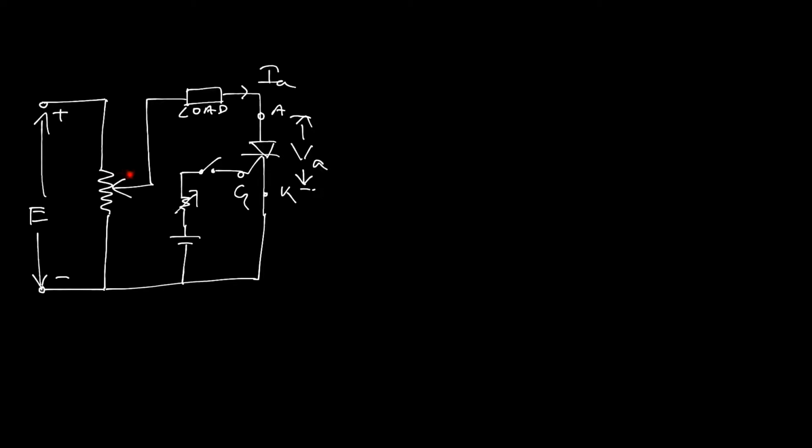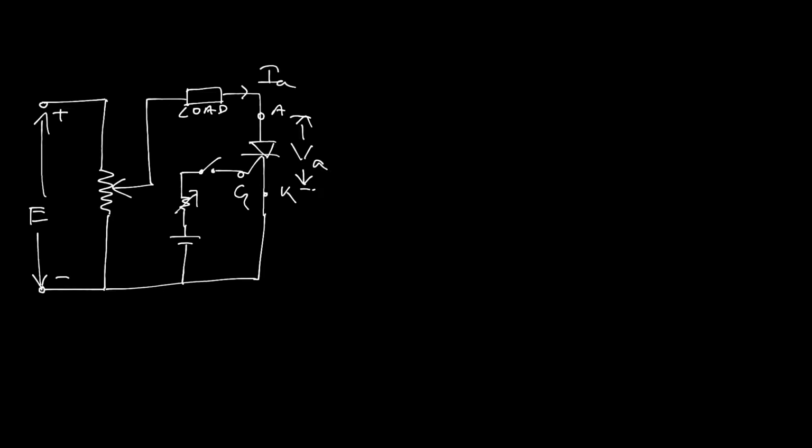That means we can change the supply voltage across the SCR gradually when the switch is open for the gate terminal. Whenever you plot the VI characteristics of a thyristor, keep in mind that in all cases the gate is open.